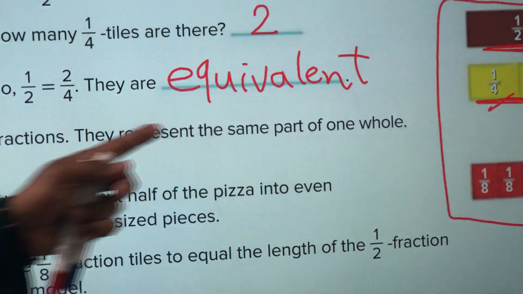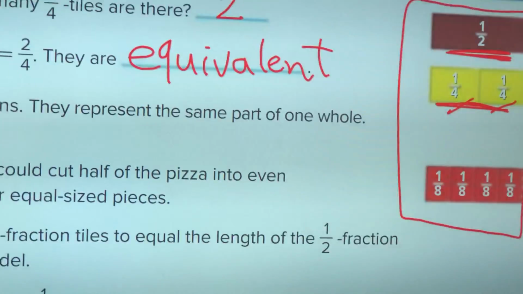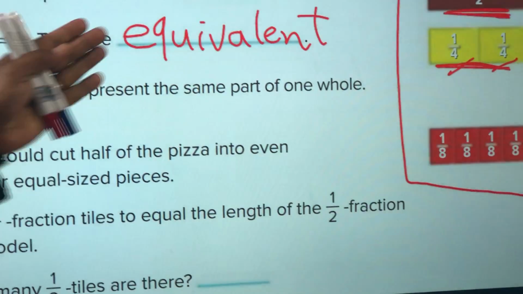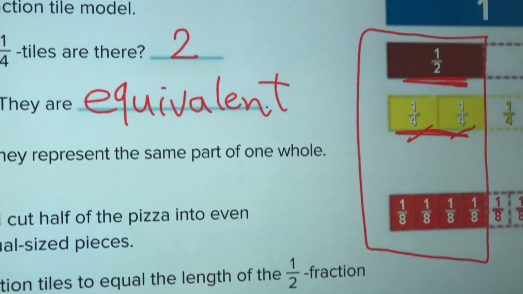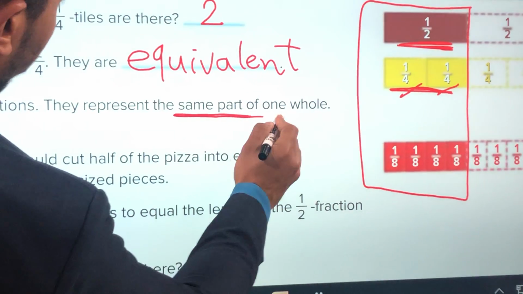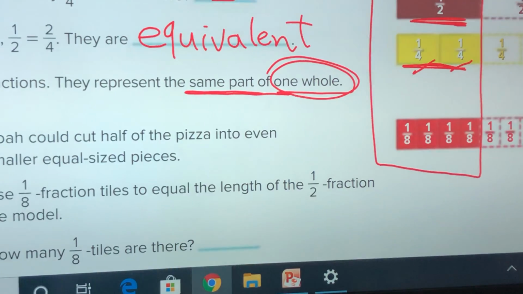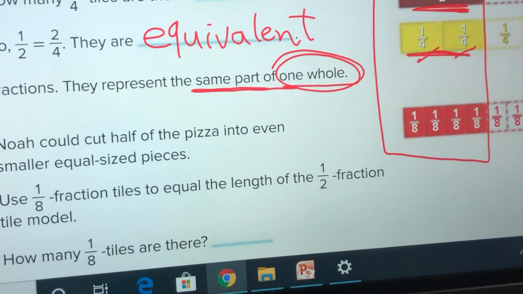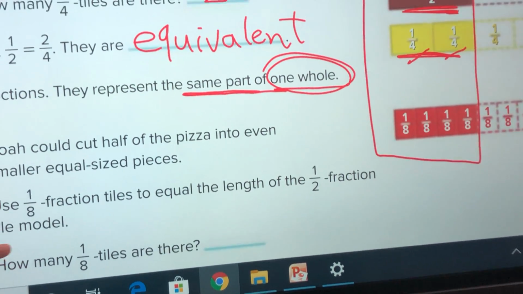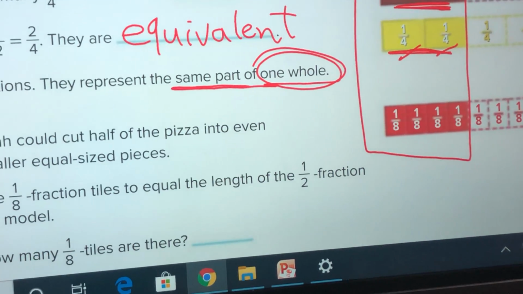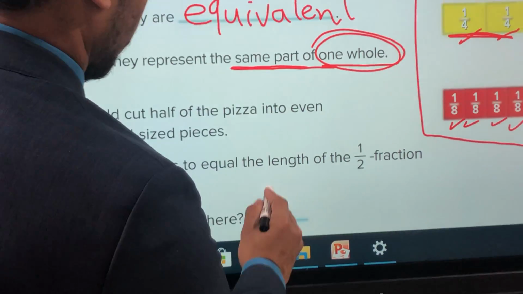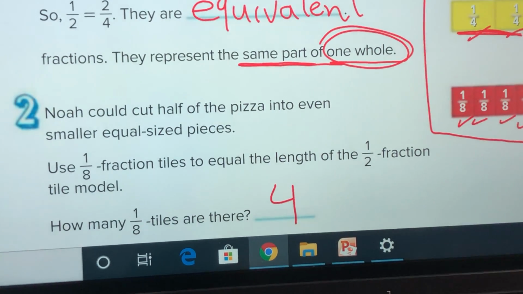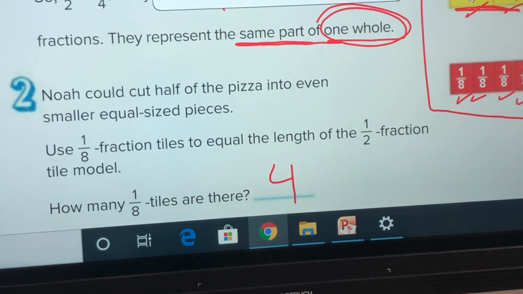Again, as you can see here, 1 half equals 2 quarters. That is equivalent. They represent the same part of one whole. Good. And down here, how many eighths are there? 1, 2, 3, 4. So 4/8.